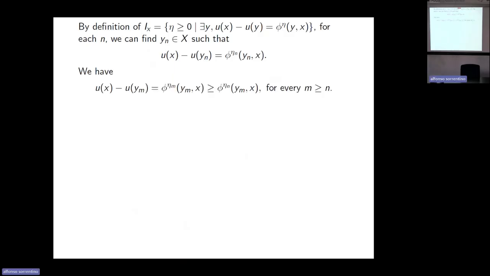But in fact, if I look at ux minus u of ym, this is phi of eta m, yx, but because eta n is increasing, this is true for all n. You have the inequality here for all n less than m. Okay?